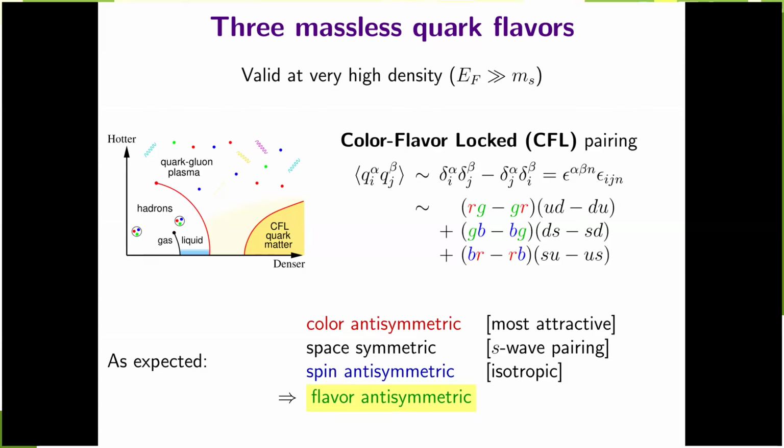I think, to the degree that physicists regard a question as settled, then yes, the argument is that that channel is the most favored channel at very high density, where you can treat the QCD interaction as weak. The structure of the interaction is the one gluon exchange that tells you that color antisymmetric is favored.